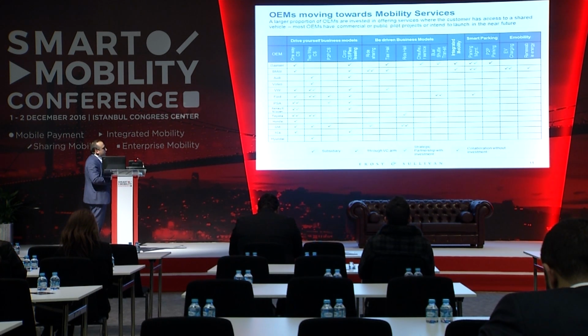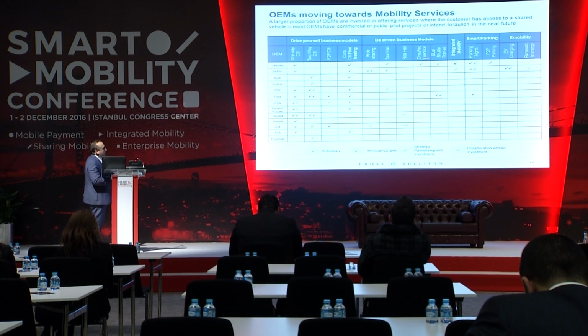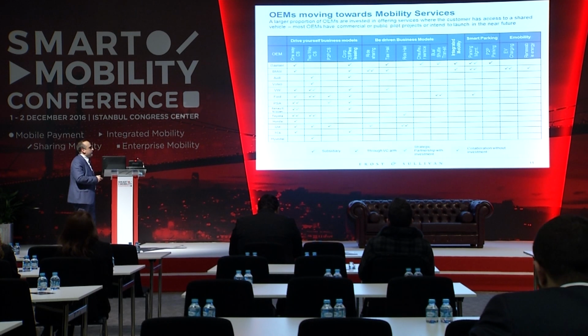Parking at night or EV charging is also of interest to BMW. Daimler is also in the taxi business. Another interesting thing is that the German OEMs are more interested in being a part of the mobility services.